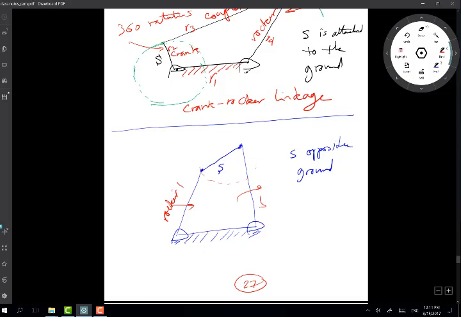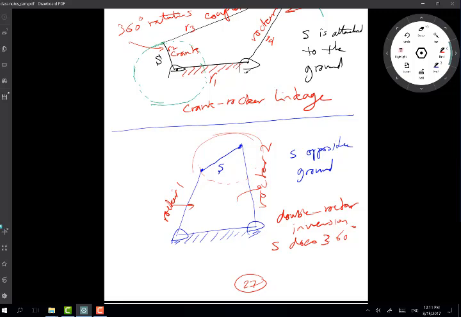And here rocker 2, and S will do 360, right? So somehow during the rocking motion of the two links, you'll find that S will be able to rotate, to do 360 rotation. So in this case, I call this the double rocker inversion. S does 360 degrees still, right? Okay, so that's a second case.